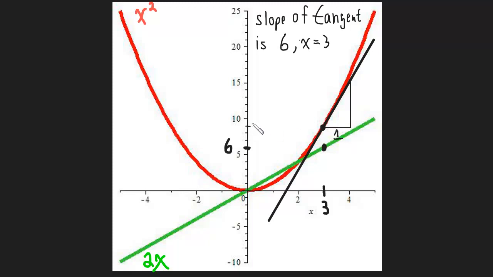Well, we started at 9, and it looks like we're ending at 15, so that's 1, 2, 3, 4, 5, 6. We've moved up by 6. In fact, you didn't have to count that. 15 minus 9 is 6. So the change in y is 6. The change in x is 1. That's what slope is, change in y over change in x. So the slope of that tangent line really is 6.